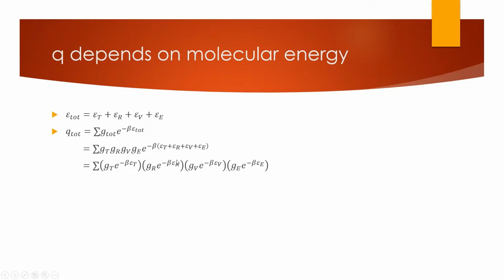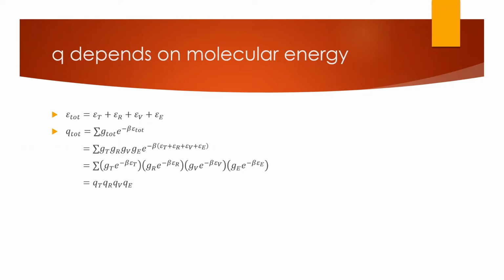And this is the rotational partition function, the vibrational partition function, the electronic partition function. So what we can see is that we can figure out the total molecular partition function simply by identifying the partition functions for each degree of freedom that the molecule can have, translational, rotational, vibrational, and electronic, and multiplying them together.